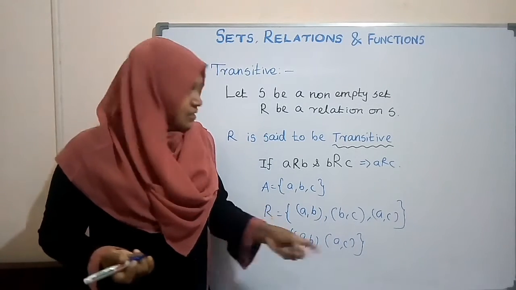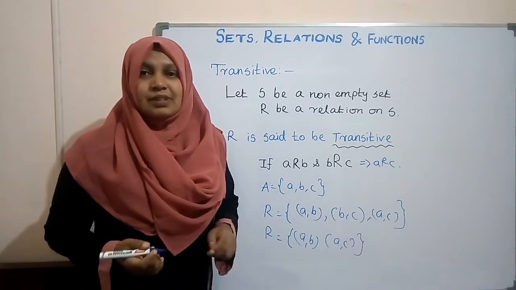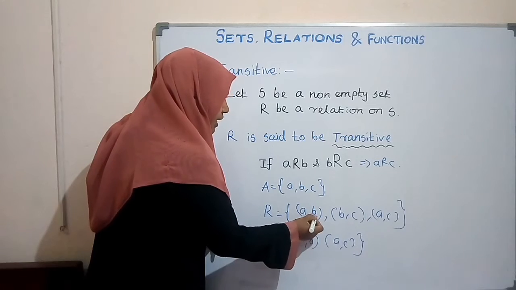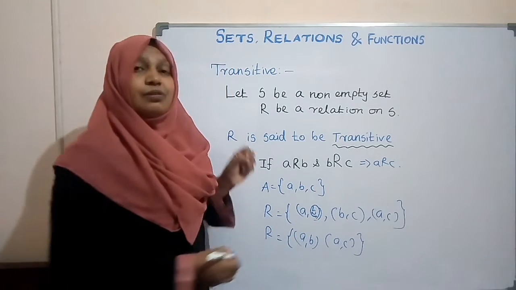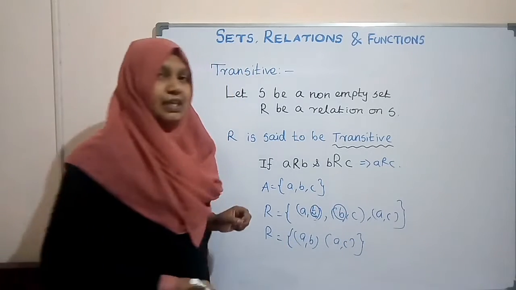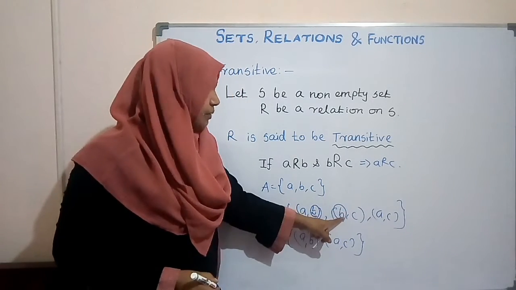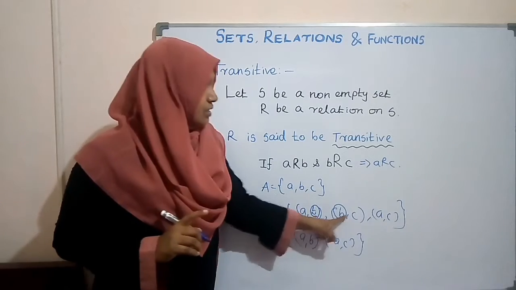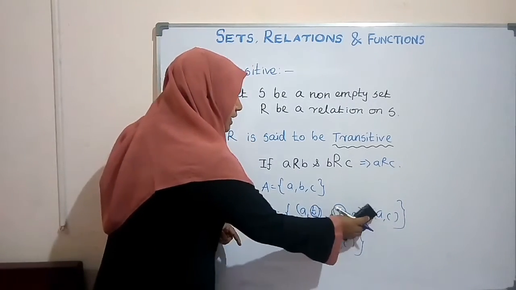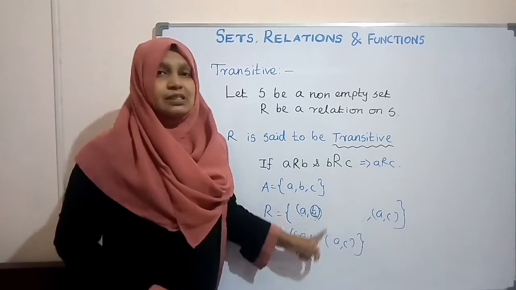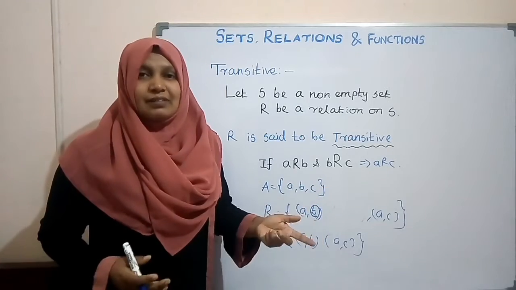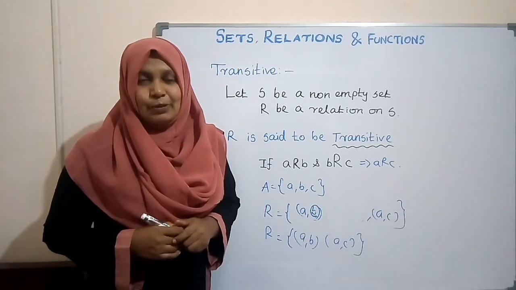Then no need to search for A comma C. Only if you find A comma B as the first element ending with B, we should have another element which is starting with B. If these two elements are available, then only we should search for A comma C. Suppose you are not finding the second element, you need not search for the third element. Okay, if the second element is not available, it is also transitive only.